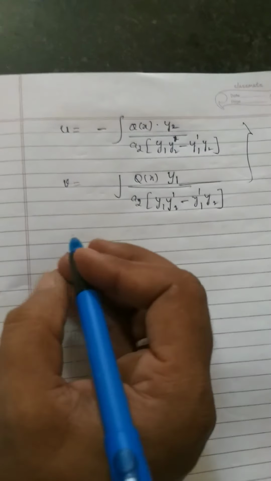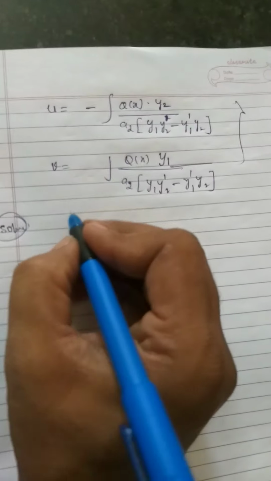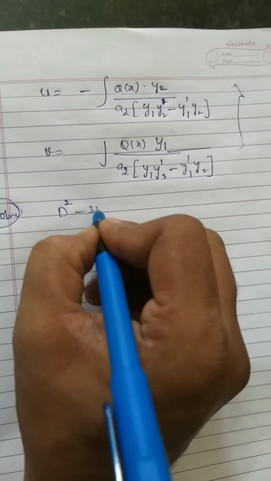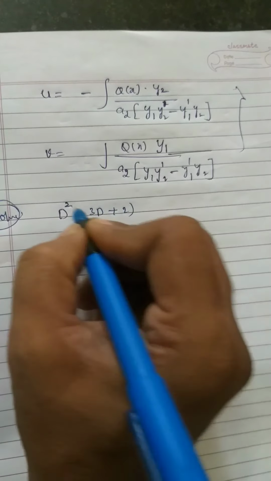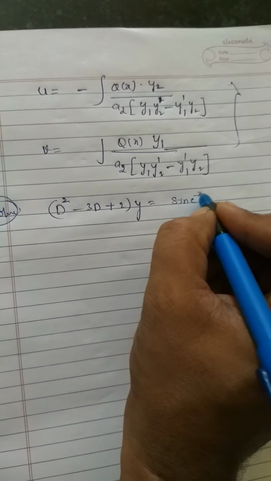Now we are going to solve one problem. Solve (d square minus 3d plus 2) y equal to sine e power minus x. Simple one, please concentrate.